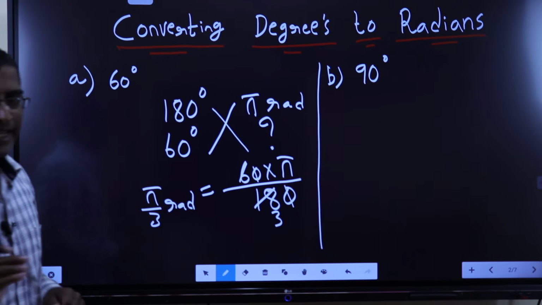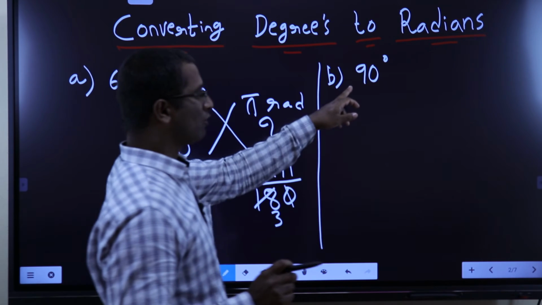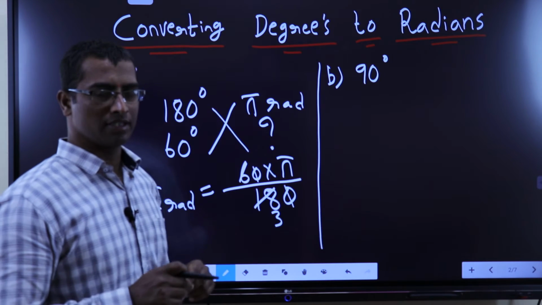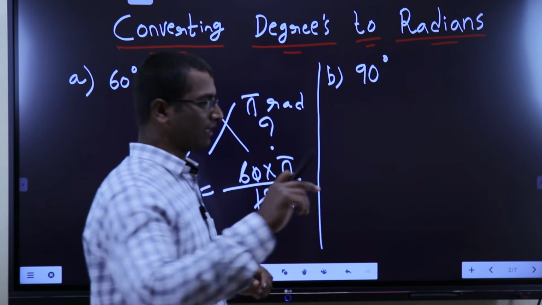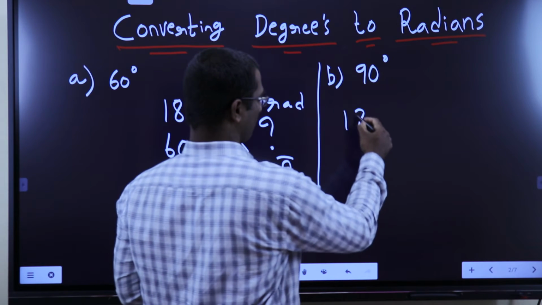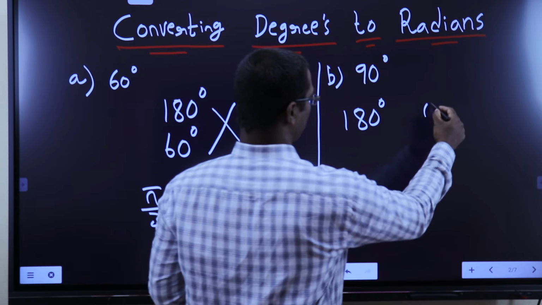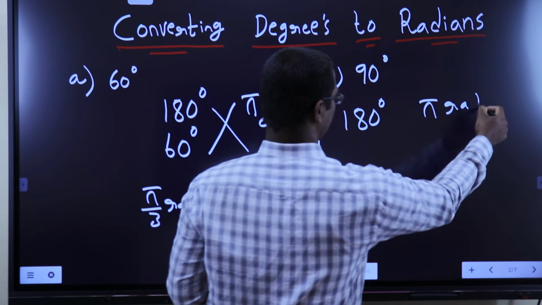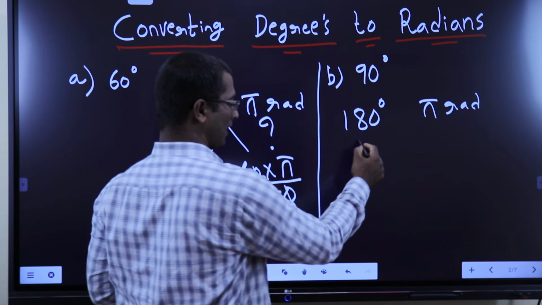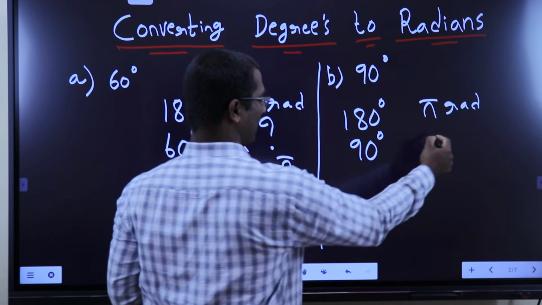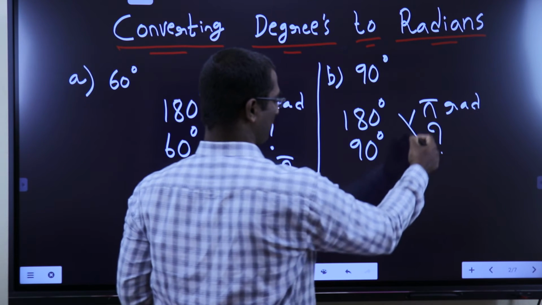Now let us look at a second example. If I want to convert 90 degrees into radians, how can I do that? Write the first line: 180 degrees is nothing but pi radians. Okay. 90 degrees below degrees I want you to write. So 90 degrees, question mark. Cross multiply.